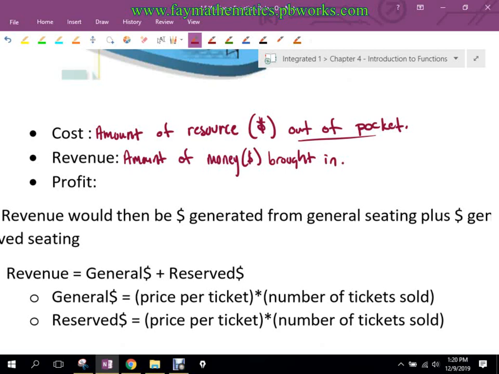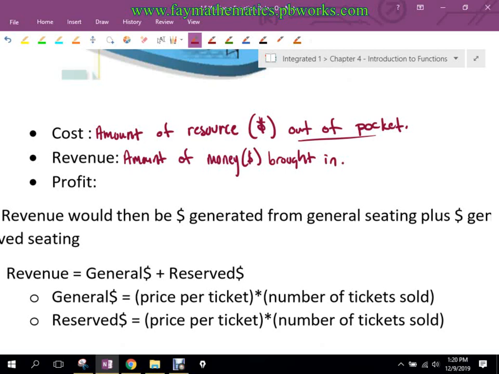So let's say it costs me $30,000 to make a truck, and I sell it for $50,000. So $30,000 is cost, $50,000 is the revenue. How do I determine profit? It's how much money I make after I remove the cost from my revenue, right? So it'd be the $20,000 in that situation.